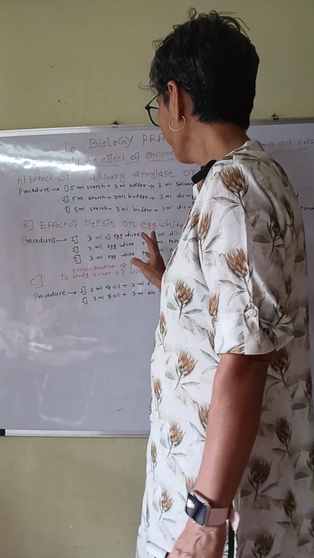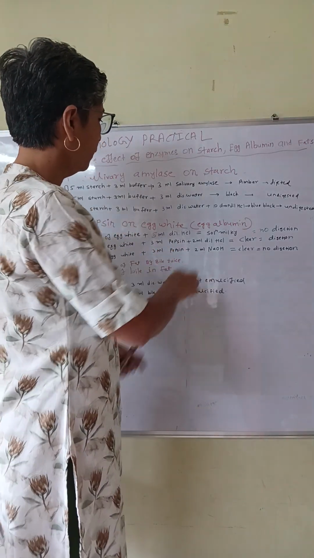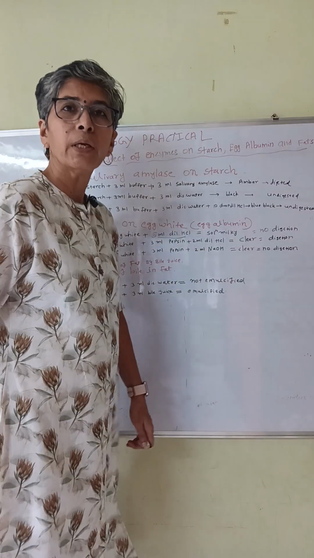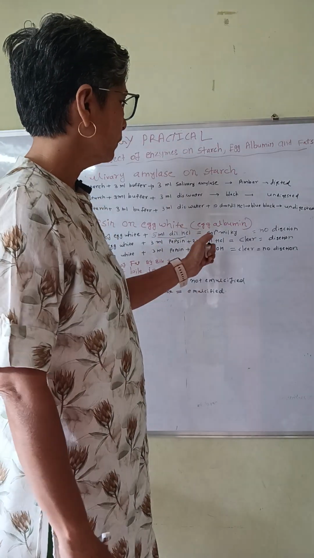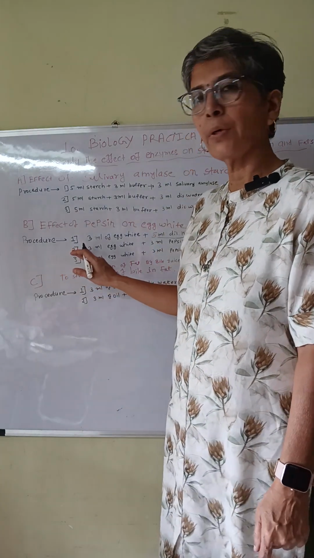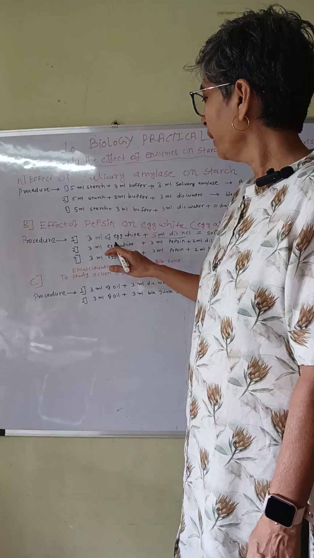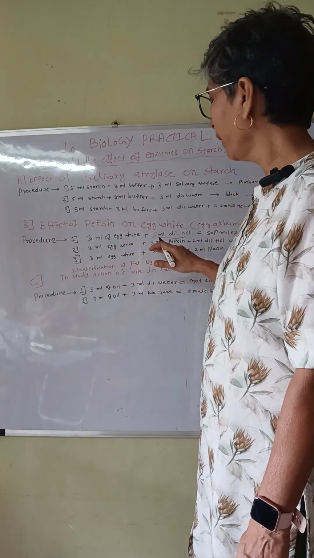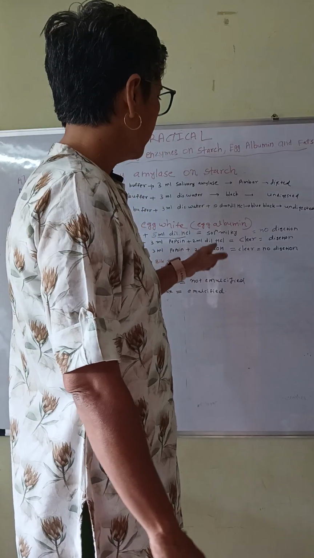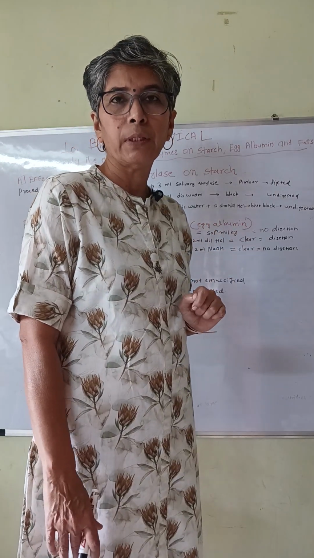Apart from this, in test tube number 1, add 5 ml of dilute HCl. This is for test tube number 1. For test tube number 2, apart from adding egg white, add 3 ml of pepsin plus 2 ml of dilute HCl.